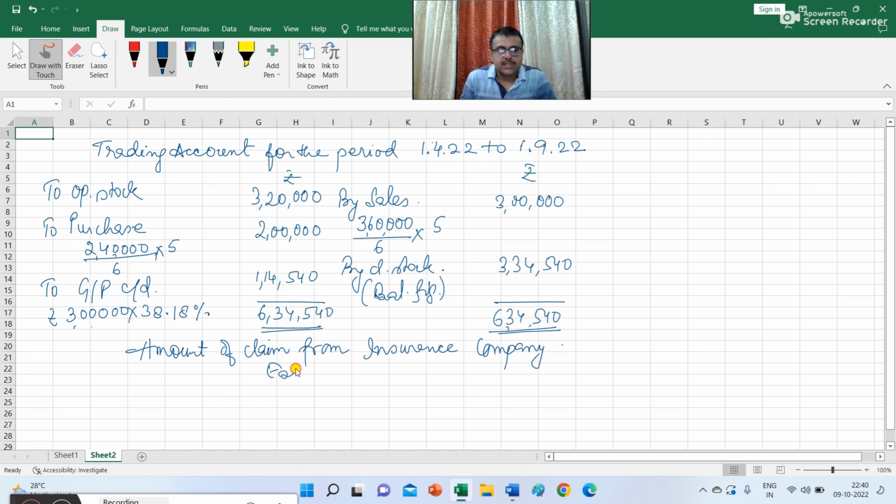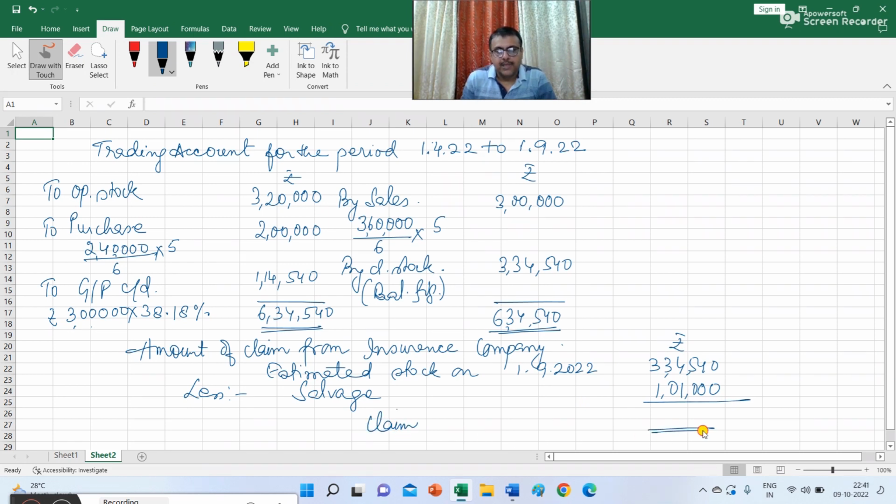So estimated stock on 1st September 2022 is 3,34,540 less salvage of 1,01,000. So your claim will be 2,33,540. So this is basically the gross claim.